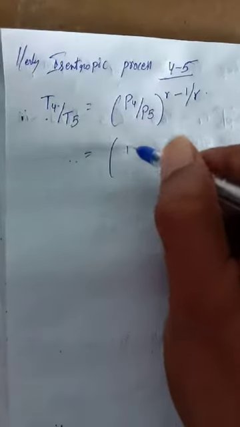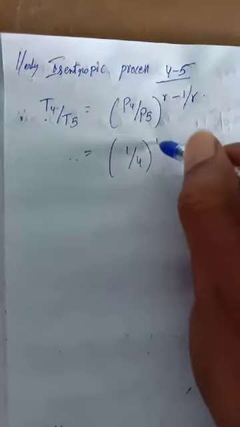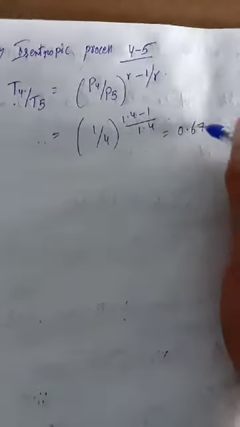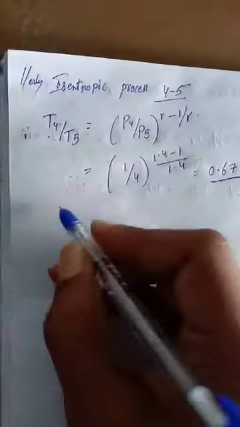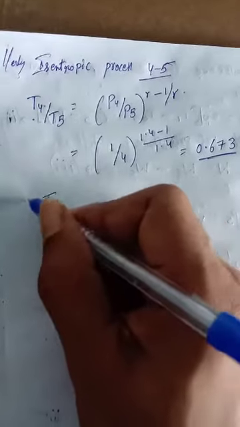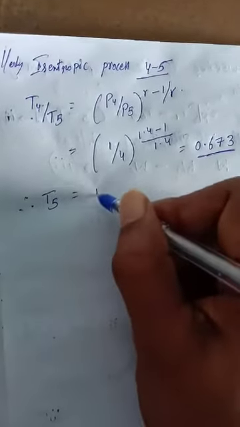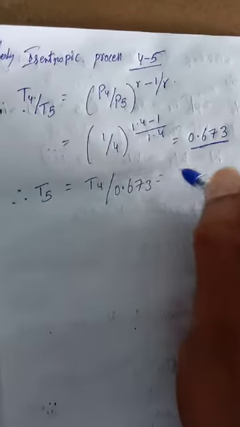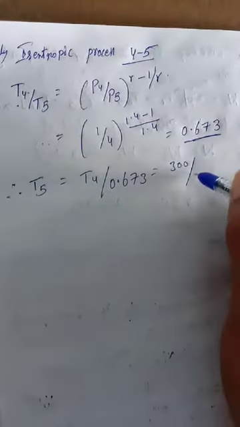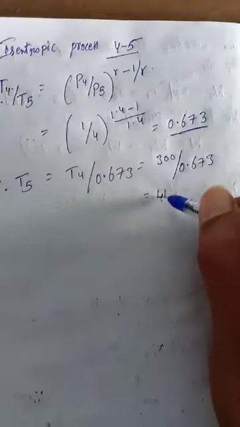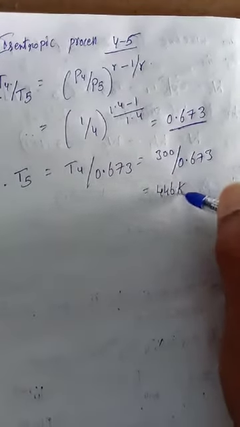Then that is equal to 1 by 4, 1.4 minus 1 divided by 1.4. The value will come 0.673. So then here we need to find T5. Therefore T5 is equal to T4 divided by 0.673. That is 300 divided by 0.673. So it will come 446 kelvins.